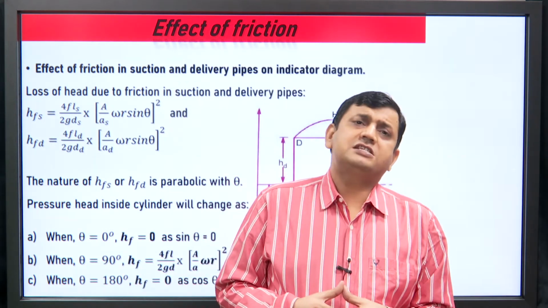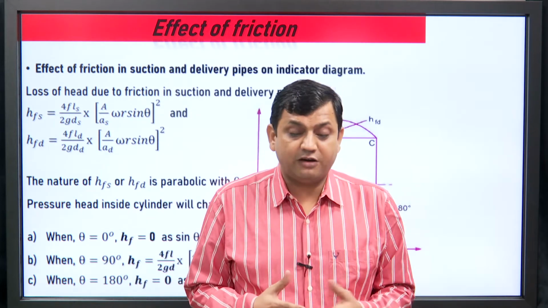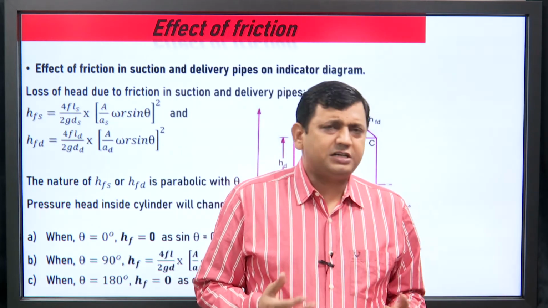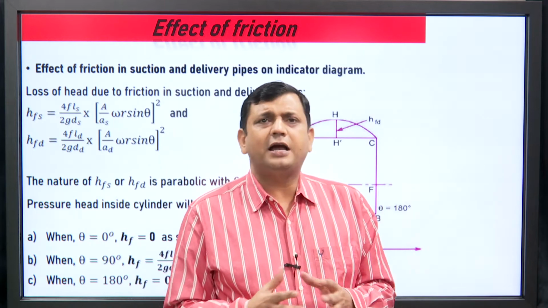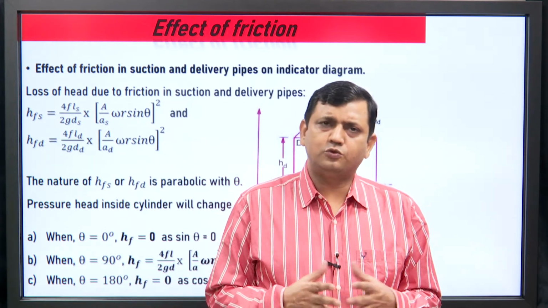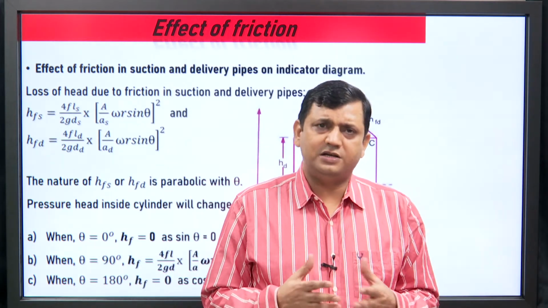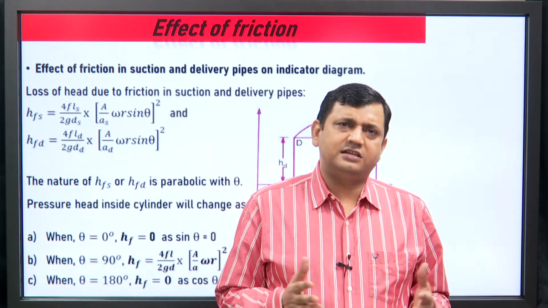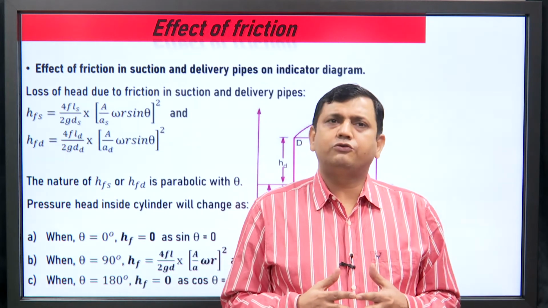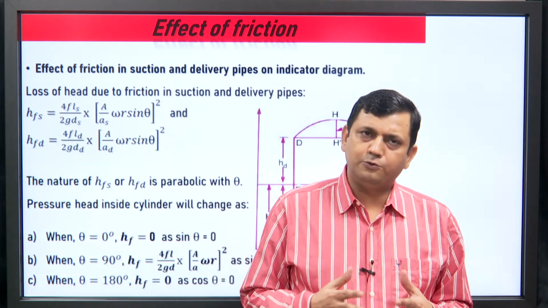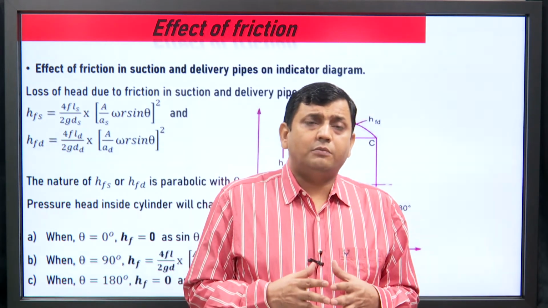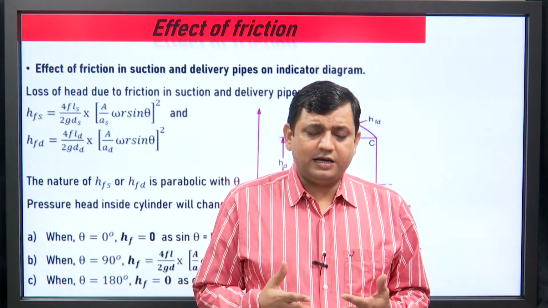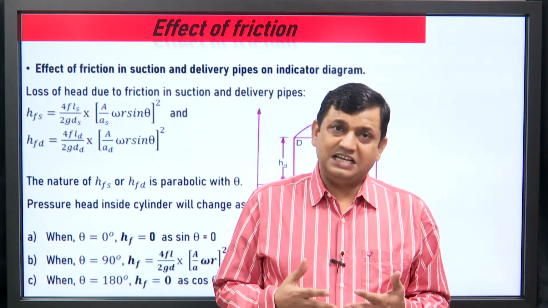Next we discuss the effect of friction. If fluid is flowing in a pipe, we already know there are two types of loss, major and minor. Major loss is calculated by the Darcy-Weisbach equation, Hf equals 4 f L v squared upon 2 g d. By this we can calculate Hf, which is a function of sin theta.